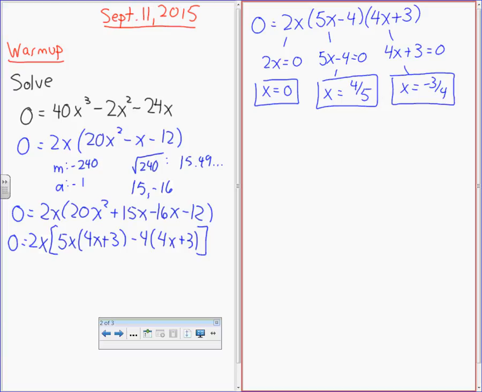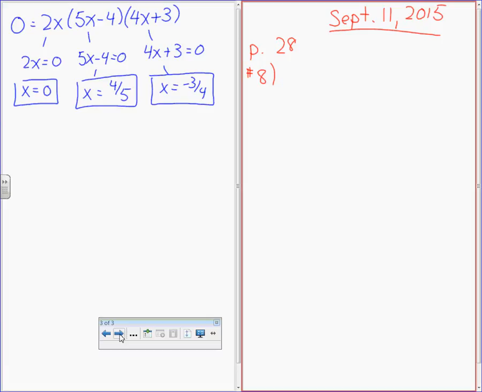So this is from last night's homework. If you've done it, great. If you got stuck on this, we'll go through it right now. So this is on page 28, number 8.